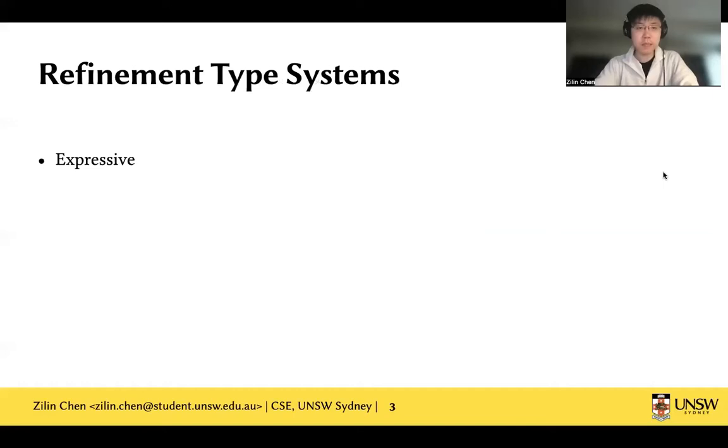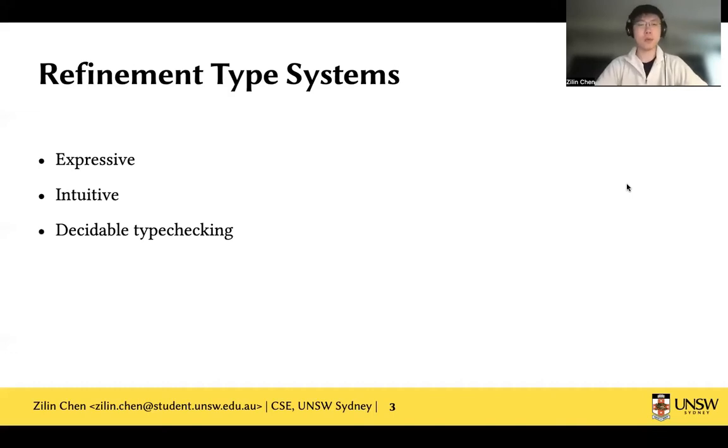Refinement types are very expressive because we can define new subsets of existing types. So as developers, we can say very precisely about the properties that we want the inhabitants of a type to hold. At the same time, refinement types are very easy to use. Their syntax is intuitive. Users just annotate their types with logical formulas.